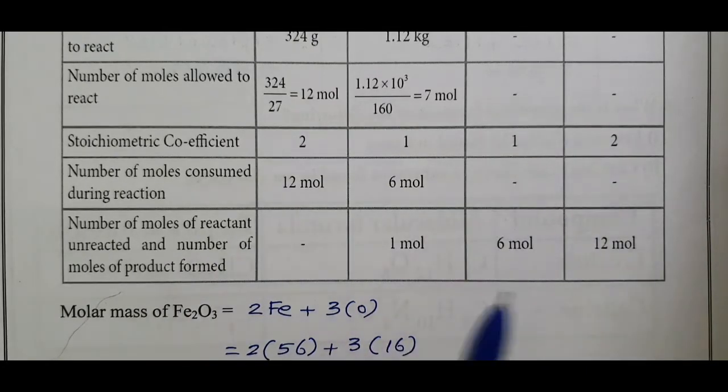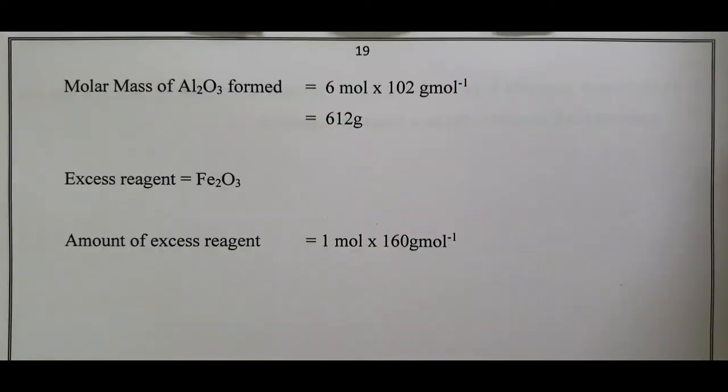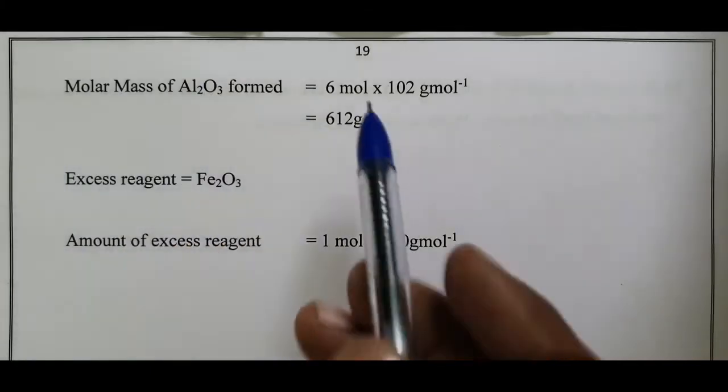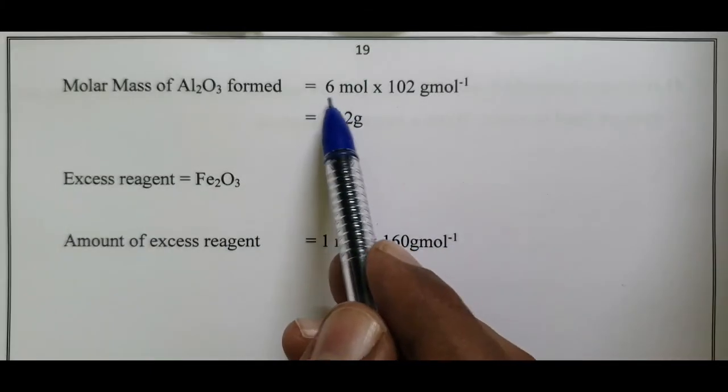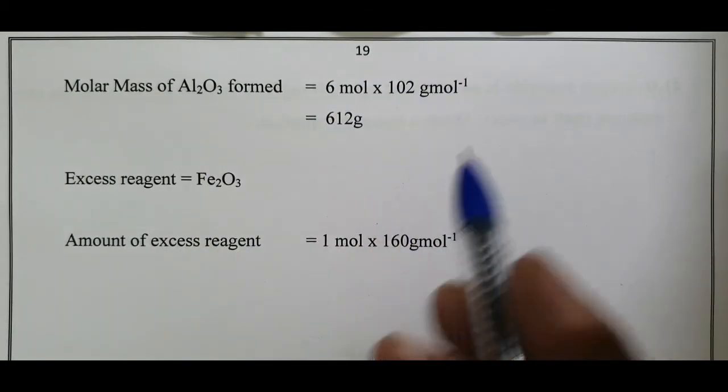So using this, now we are going to calculate the mass of alumina formed and how much of excess reagent is left at the end of the reaction. Molar mass of aluminum oxide: from the table column, 6 mole of alumina is formed, into its molecular mass.